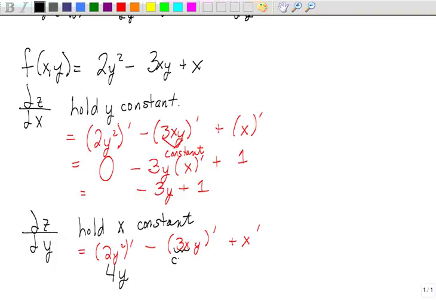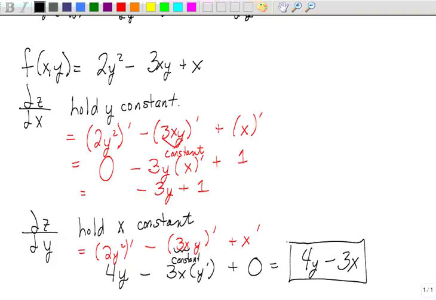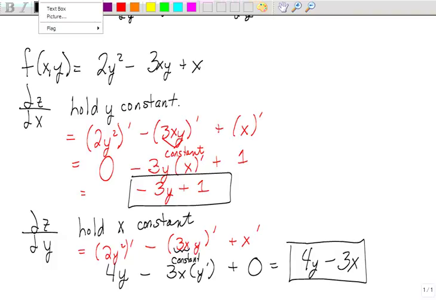This is a constant, so that just stays out in front. We're taking the derivative of y, and x is constant, so that's 0. So this is just going to be 4y, derivative of y is 1, minus 3x. So this is with respect to y, the partial, and this is the partial with respect to x, for an example.